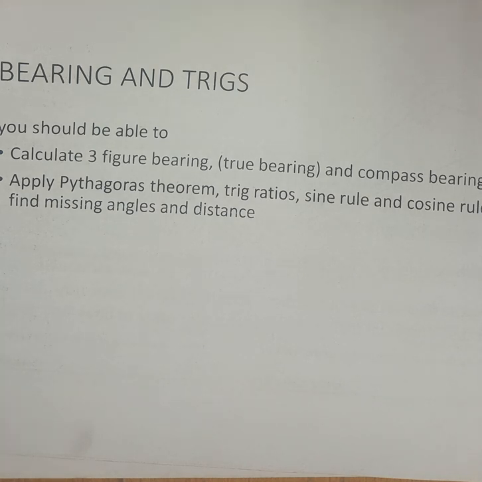They only apply to right-angled triangles, and for other triangles, we are going to use the sine rule and the cosine rule to find the missing angles and distances. So make sure that you are perfect. And the exam tip that I can give you here is that the angles are rounded to 1 decimal place, and the distances you round to 3 significant figures if they don't specify the accuracy.